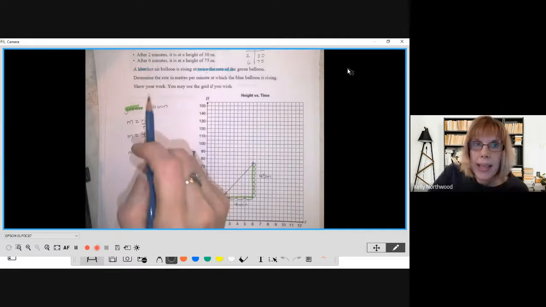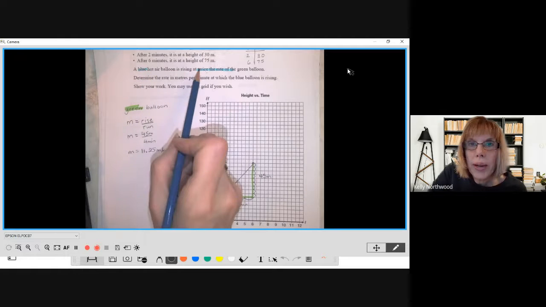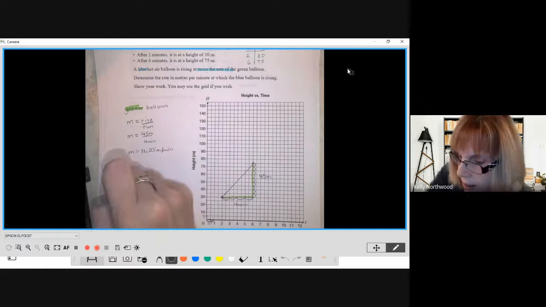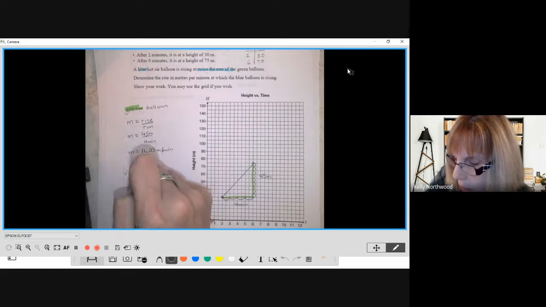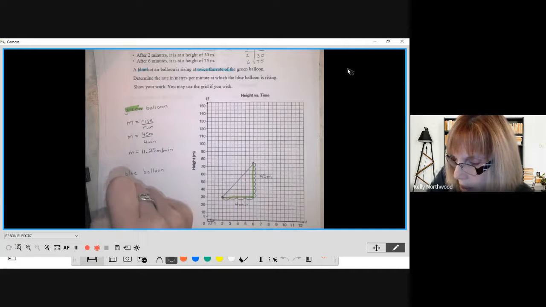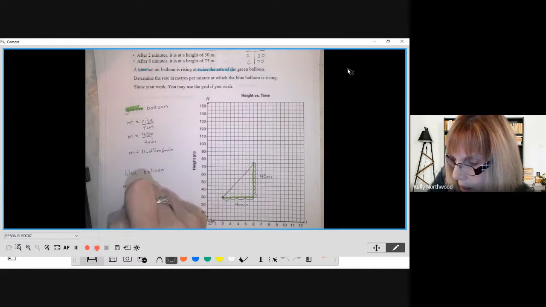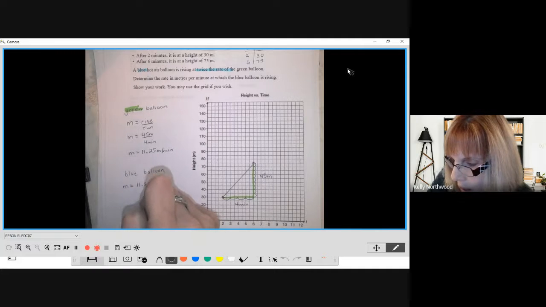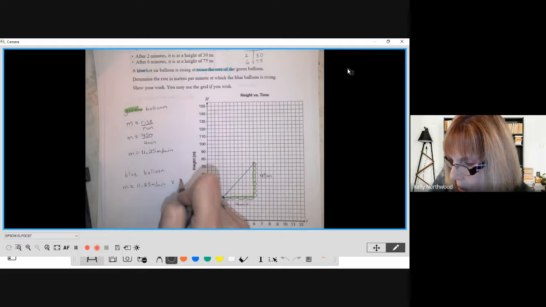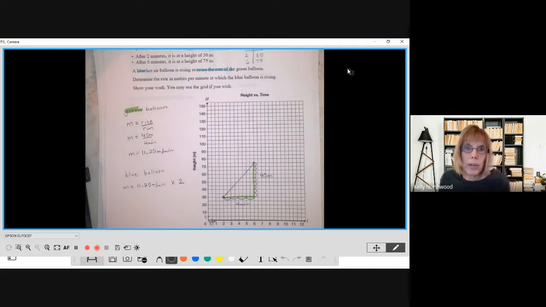They tell us that the blue balloon is rising twice as fast, at twice the rate. So to get the rate for the blue balloon, it would just be this one multiplied by 2. So 11.25 meters per minute times 2, because it's doubled.